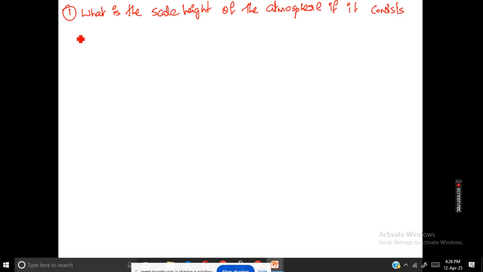What is the scale height of the atmosphere if it consists of oxygen atoms and the temperature is 27 degrees Celsius?